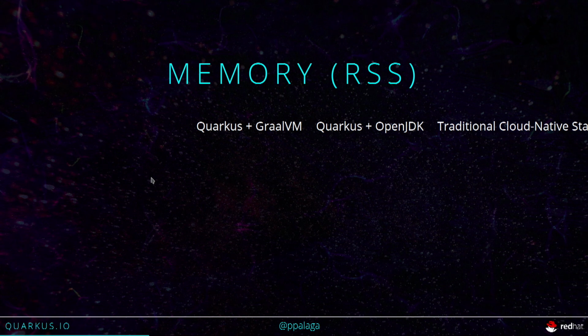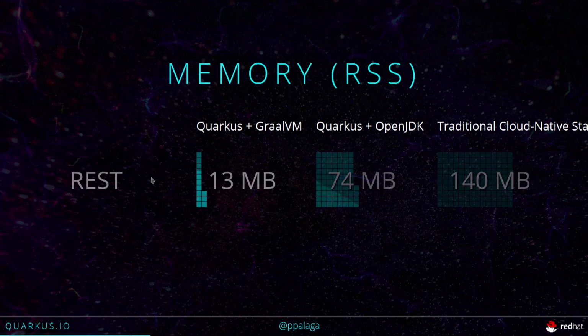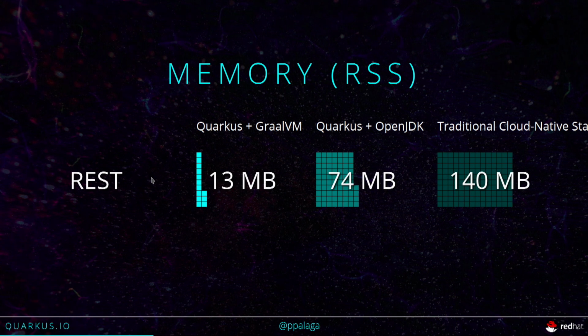So given this method, let's have a look at some numbers. We will compare first the very simple REST application that I have shown you at the beginning with just a single REST endpoint. And we will compare it for Quarkus in the GraalVM mode, in the native executable, then in the JVM mode, and we will compare it with the traditional cloud-native stack. So the numbers are like this. Quarkus on GraalVM can run with as little as 13 megabytes.